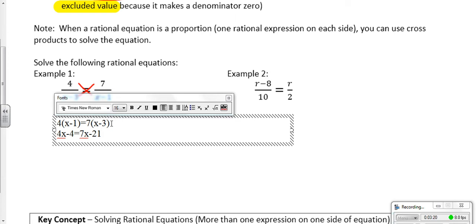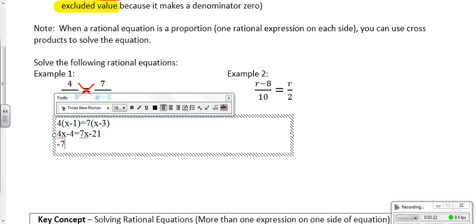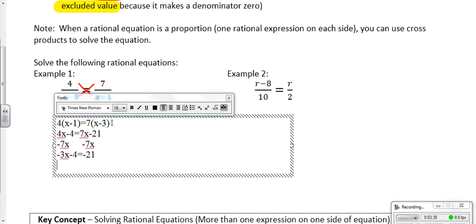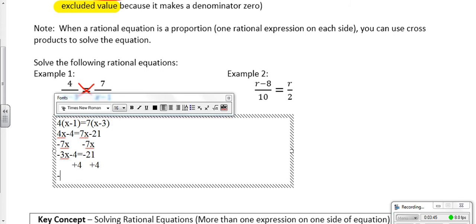Well, if I subtract 7x from both sides, I'm going to get negative 3x minus 4 equals negative 21. And then if I add 4 to both sides, again, I'm solving for x here, we get negative 3x equals a negative 17.